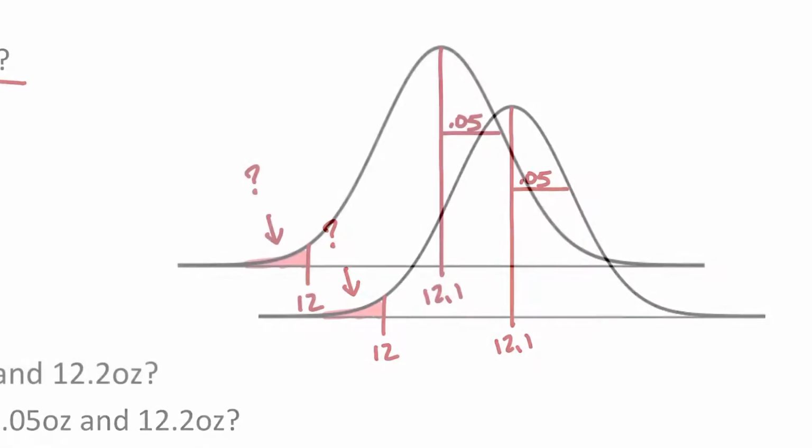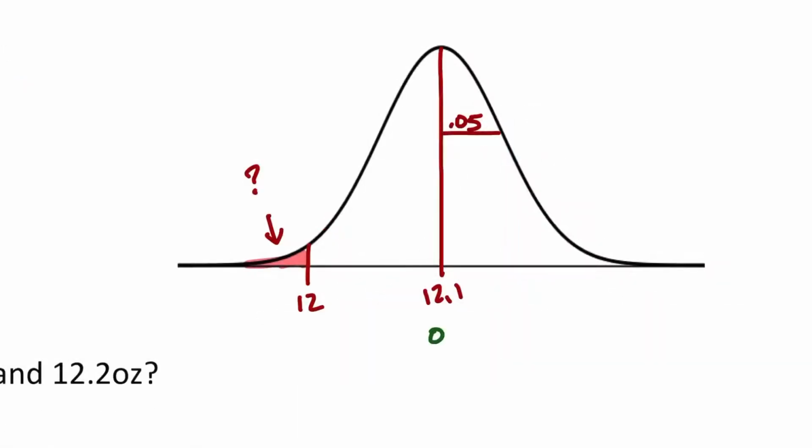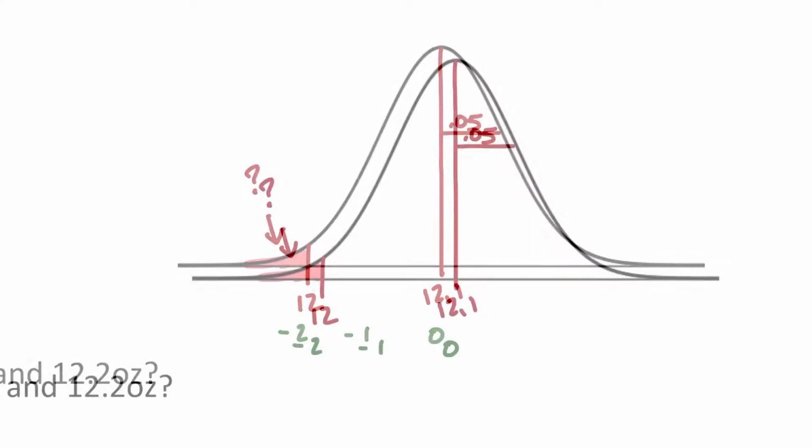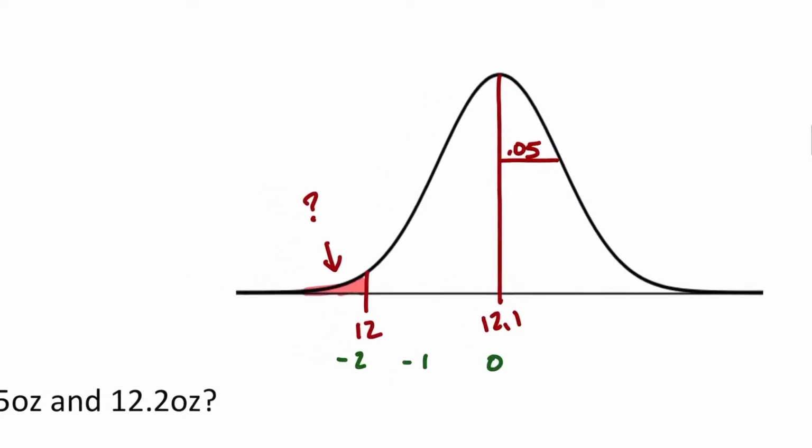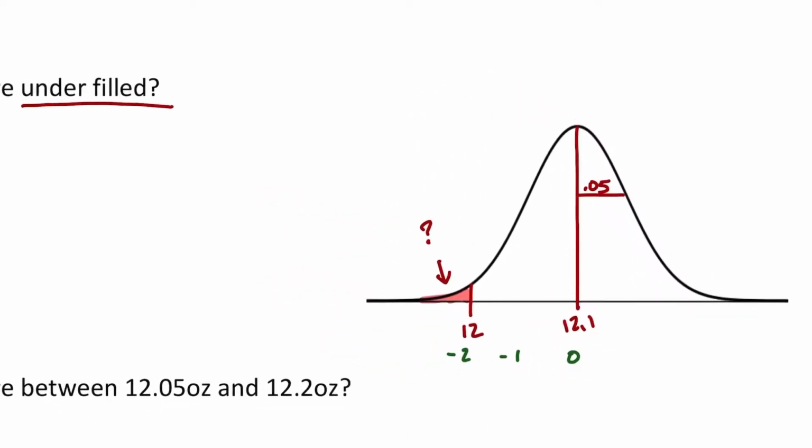I am looking for this area less than 12, that's going to be my answer. Notice when you just made your sketch, you just counted down not 1, but 2 standard deviations below the mean. That tells me that 12 has a z-score of -2. I'm not requiring any z-score math on this question, but just to review z-scores, remember, z is x minus the mean over the standard deviation.